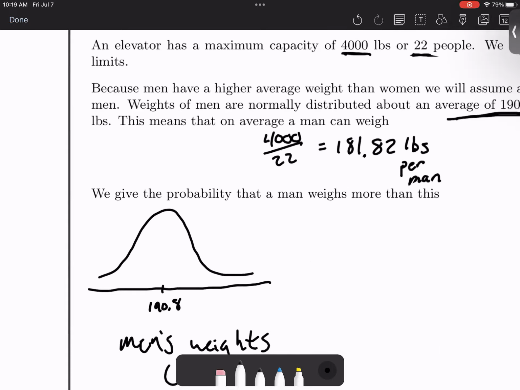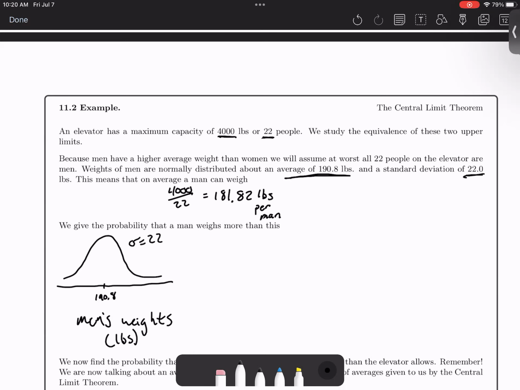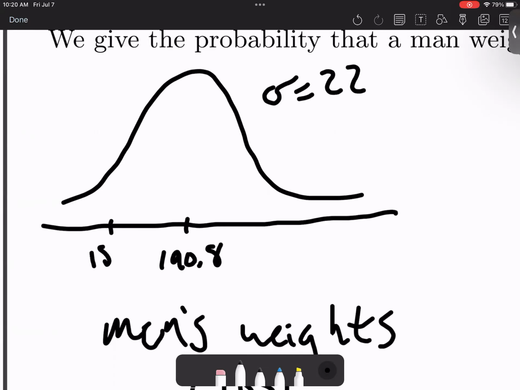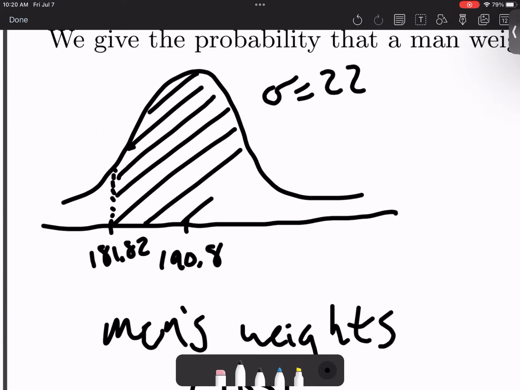And our standard deviation for the weights of men, 22 pounds. Okay, so what is the probability that a man weighs more than 181.82? 181.82 is somewhere over there to the left of 190.8, right? Somewhere on the left of your average. And the probability of weighing more than that is the area underneath the distribution on the right side.